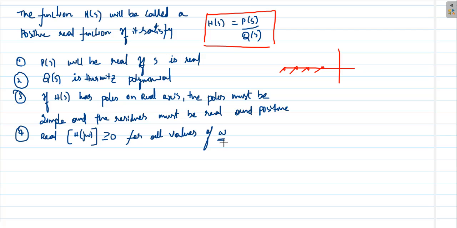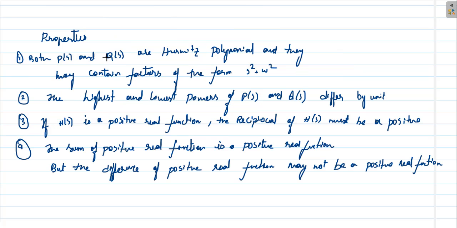Whatever values you substitute for omega, the real value of h of s should be greater than or equal to 0. These are the few conditions a positive real function must satisfy. And we also have properties of this positive real function. So these are the properties.